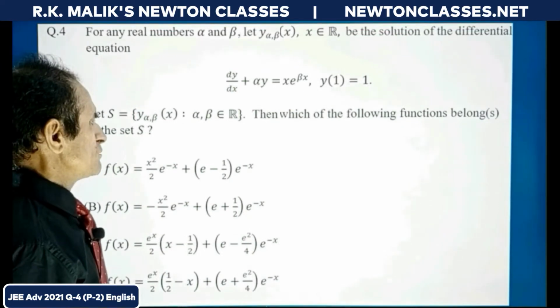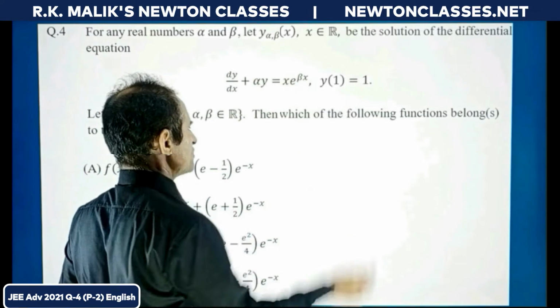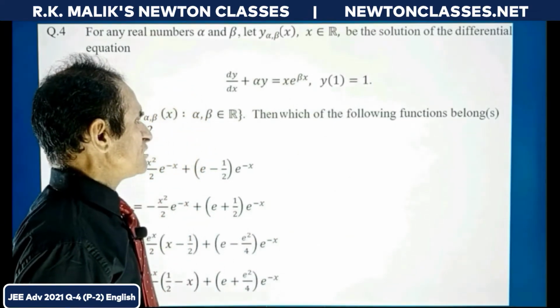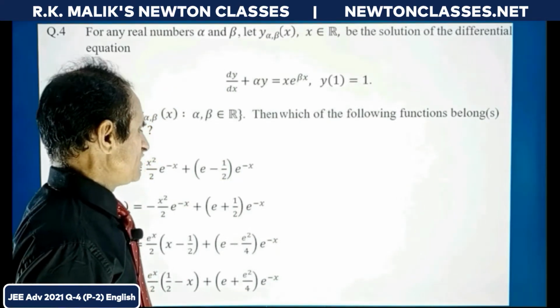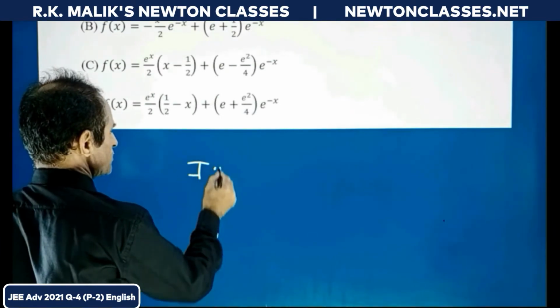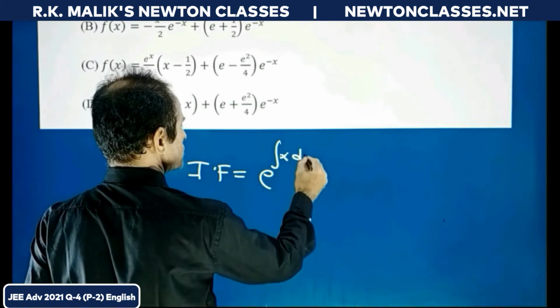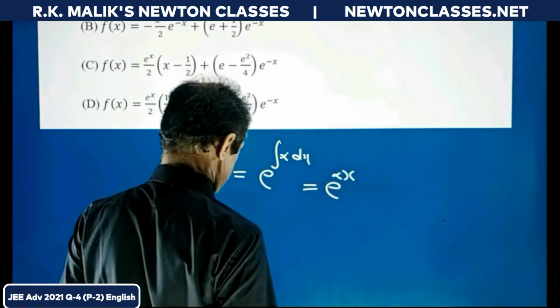To proceed, it is clear that it is a linear differential equation. And in the questions of linear differential equation, first of all, we always find the integrating factor. The integrating factor in this case will be e power integral alpha dx, that is e power alpha x.